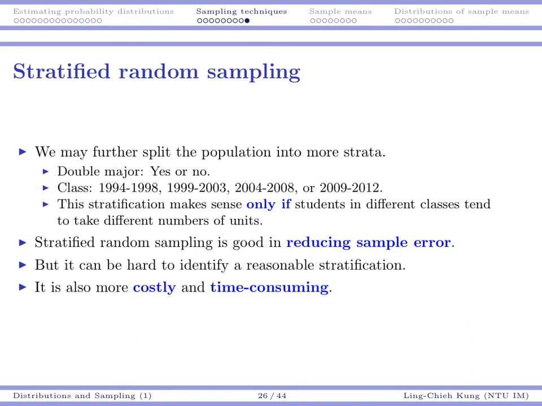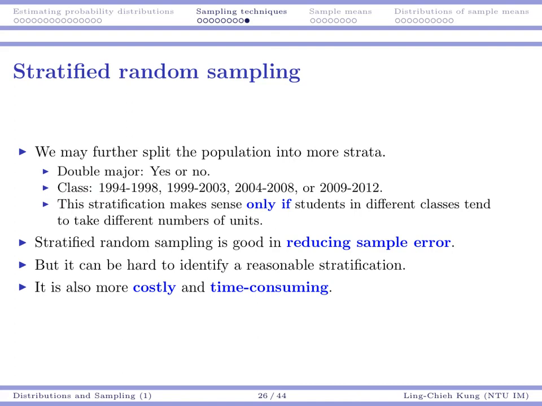So sometimes we may want to further split the population into more strata. Like we know that students have different graduate years, and in the past, students tended to take more credits, but today students tend to take fewer credits. If that's true, then we probably want to split according to classes. Okay?